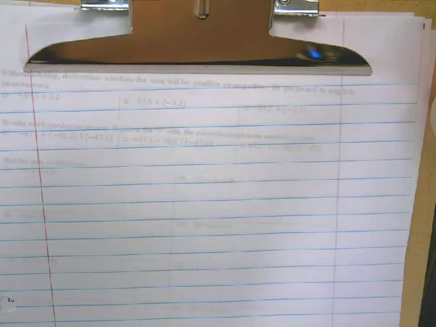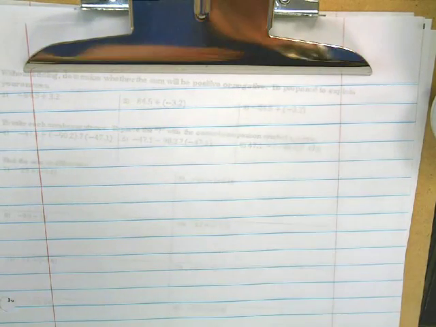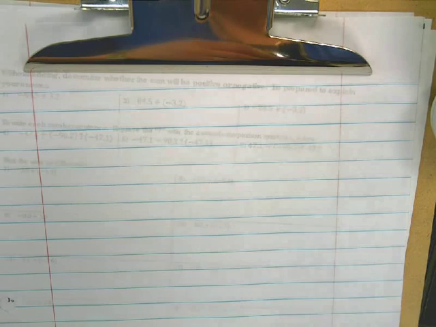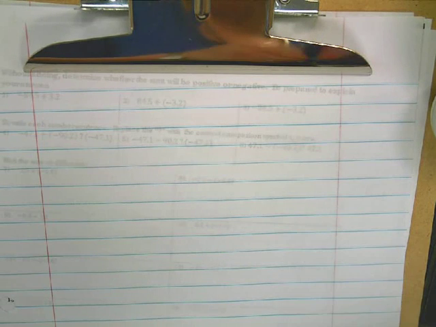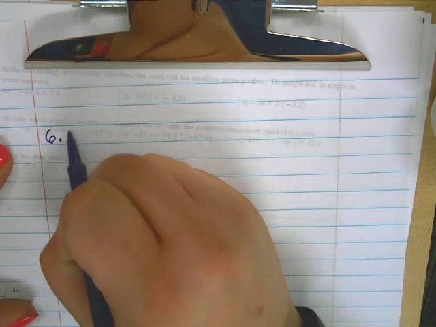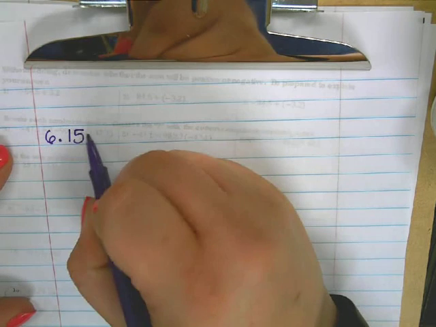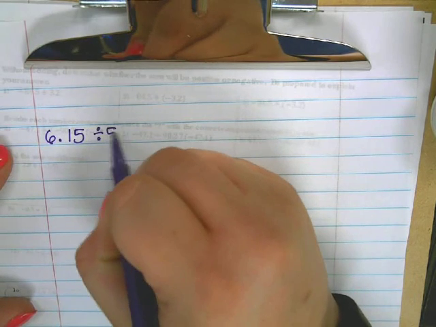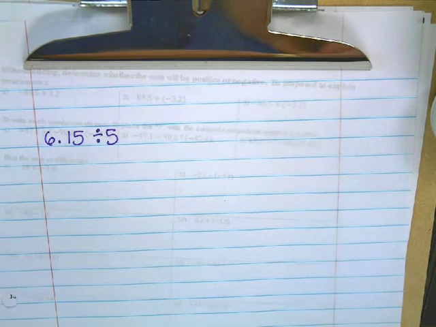Okay. In your spiral notebook, open to a new page. And let's try 6.15 divided by 5.